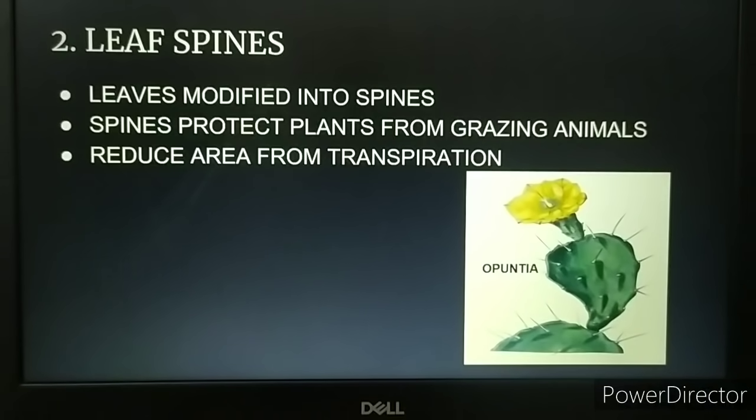The very important function of these spines is to reduce transpiration, as we have discussed in the previous session about transpiration. Do you remember? It is a process in which there is loss of water from the leaves, that is the aerial part of the plant.